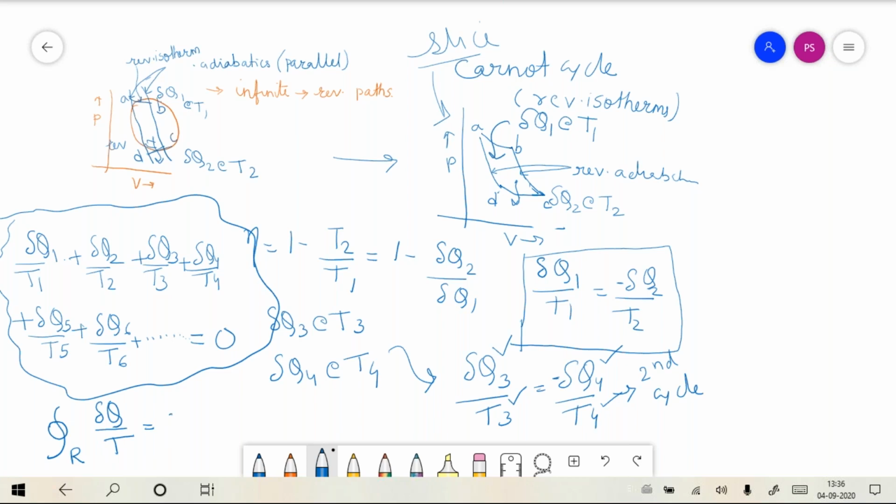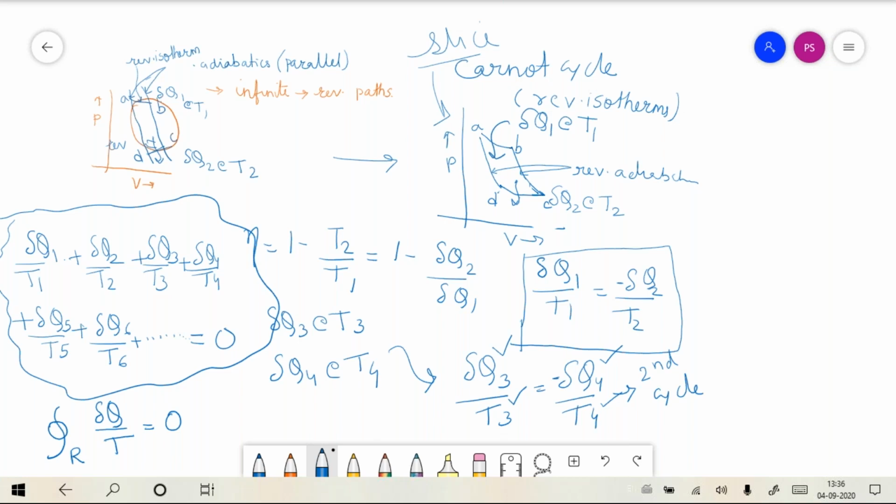So what we have shown is that if the cycle is a reversible cycle, then for this reversible cycle, the summation of all this del q by T is equal to 0, and that is what is known as the Clausius theorem.